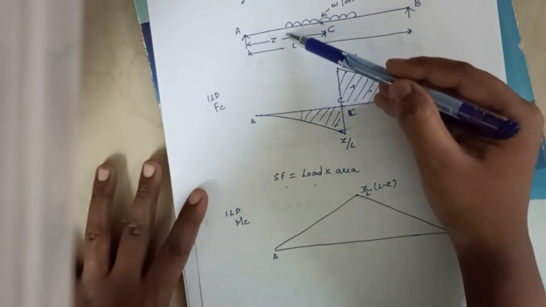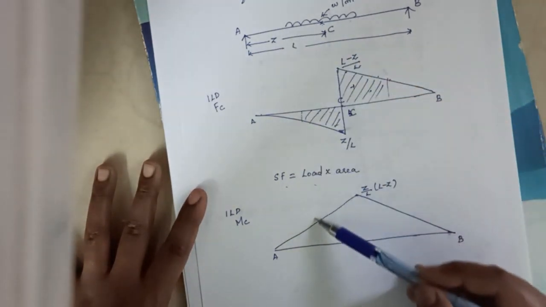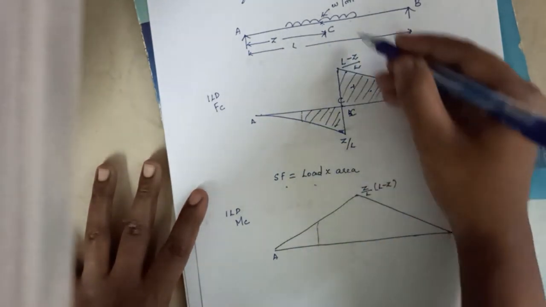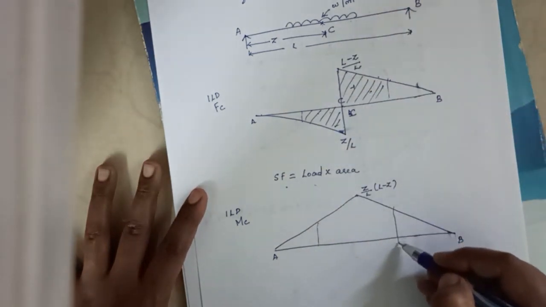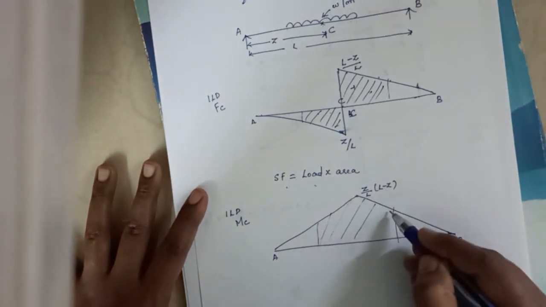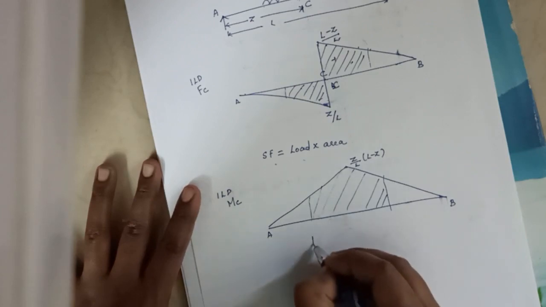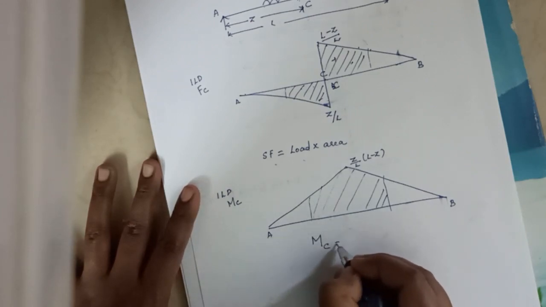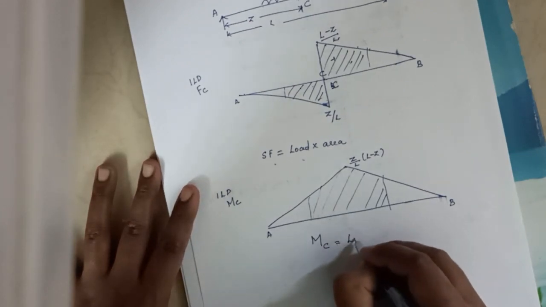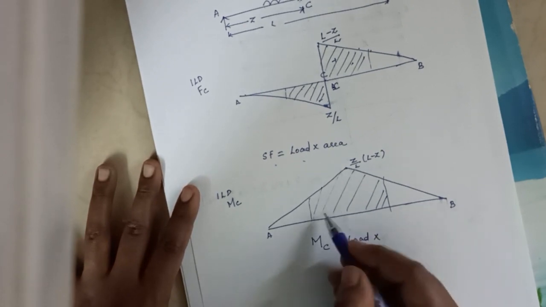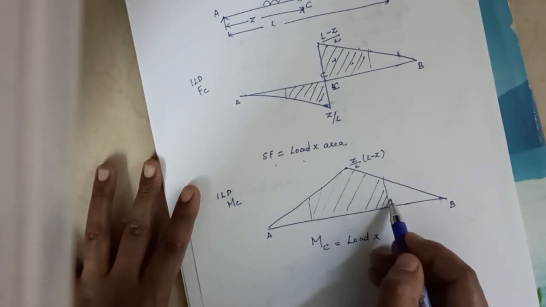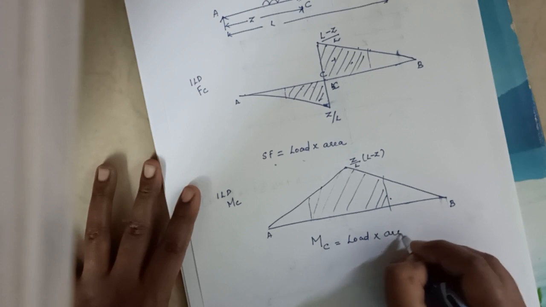Here also consider the area under this UDL. Here also moment at C will be equal to load into the shaded area.